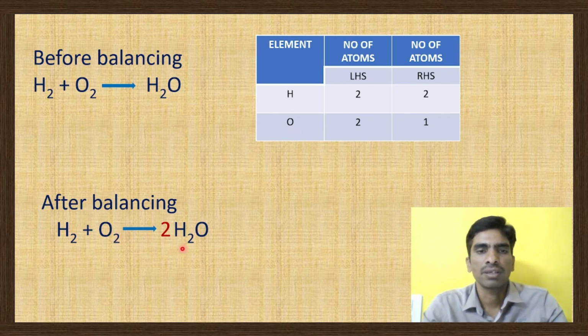But after writing 2 before H2O, the number of hydrogens has changed. 2 2s are 4 hydrogens on the RHS, but on the LHS there are 2 hydrogens. Again we need to write a coefficient before hydrogen. To get 4 we need to multiply by 2. Now 2 2s are 4 hydrogens on the LHS and 4 hydrogens on the RHS. Now it is a balanced equation.